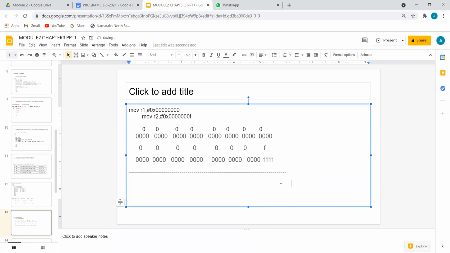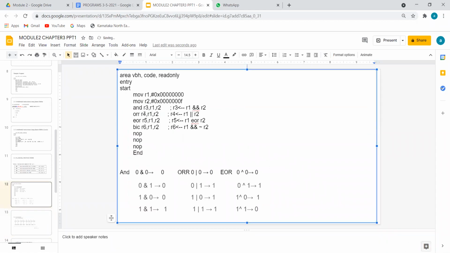If you want to write from the LSB side, it is like this. So the answer is correct. What about the rest of the answer? You can easily imagine this. I won't write it. So what about R4? Looking into the problem, can anybody define the value in R4? Reply in the chat box.